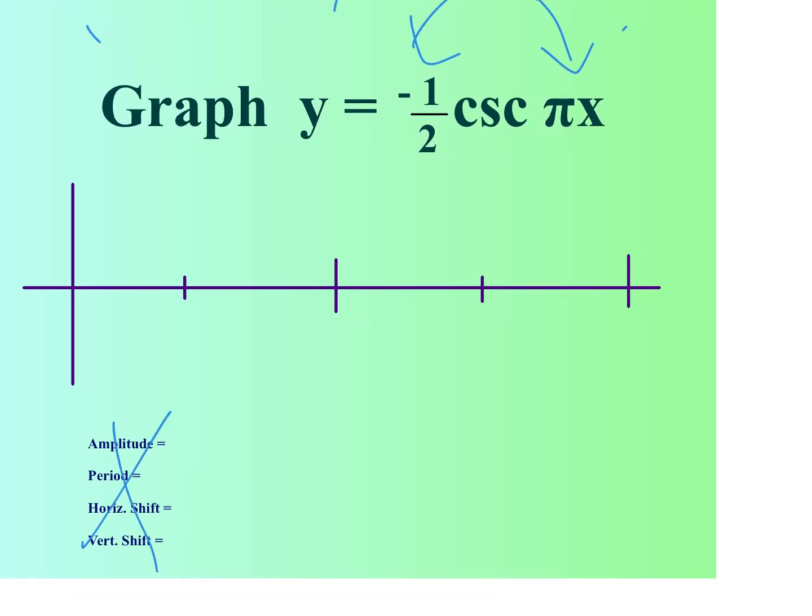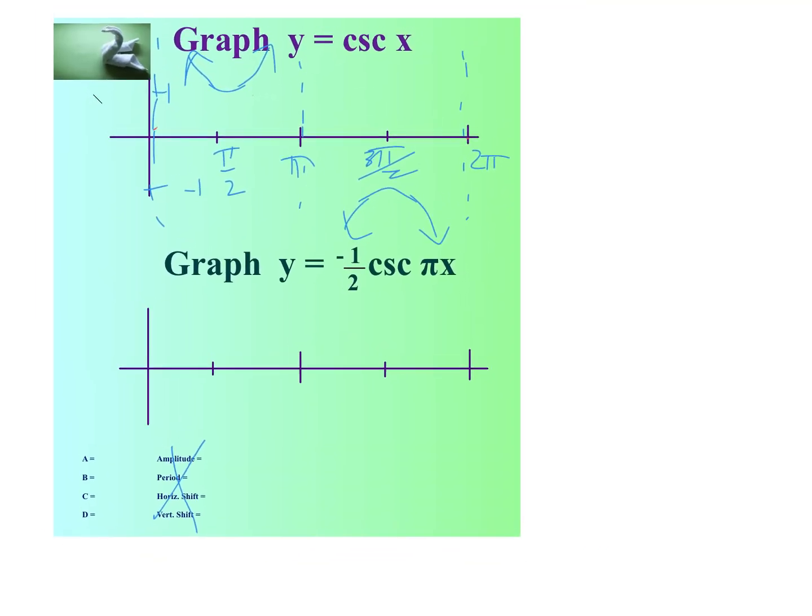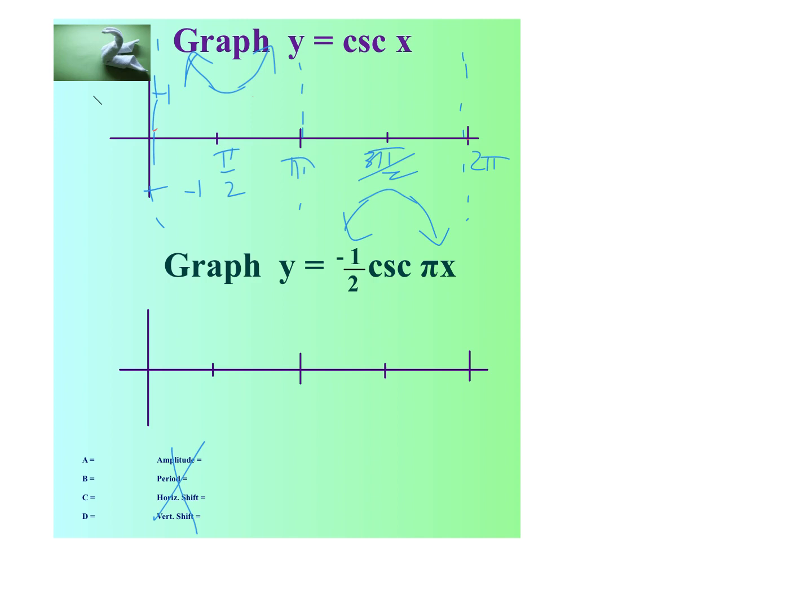And now last but not least, we're going to do this one. Don't worry about the amplitude, period, etc. Just graph it for me. And yeah, there's some tweaks. So what I'm going to do first is I'm going to just copy down my original graph because it starts based on that.